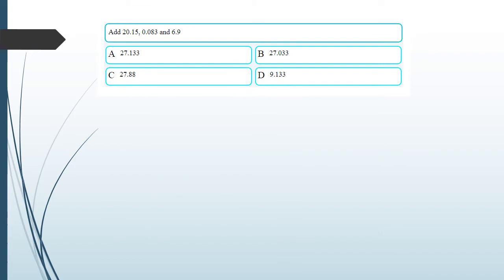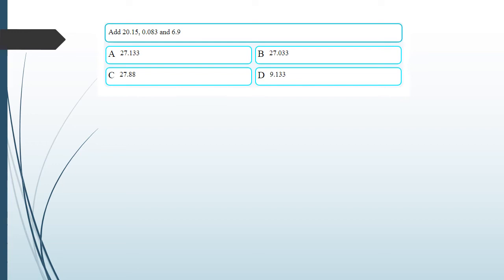Example 2, we want to add 3 numbers here: 20.15 plus 0.083 and 6.9. You will start to do that, grade 4. Line up these numbers on your paper, then put zeros where we need to put the 0.